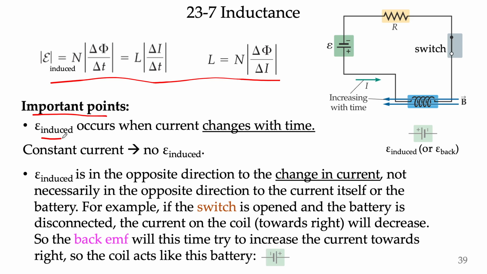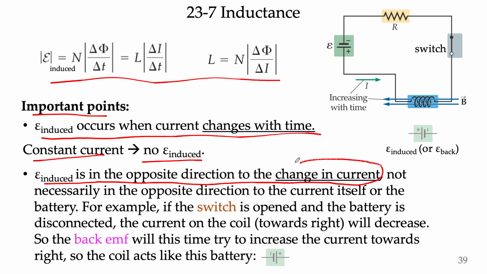First of all, induced EMF occurs when the current changes with time. If the current is constant, there's no induced EMF. The second point is that induced EMF is in the opposite direction to the change in current.